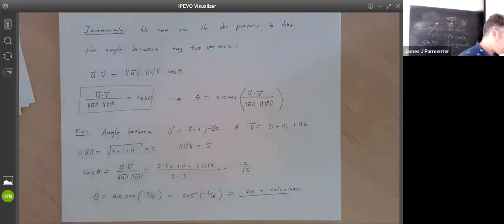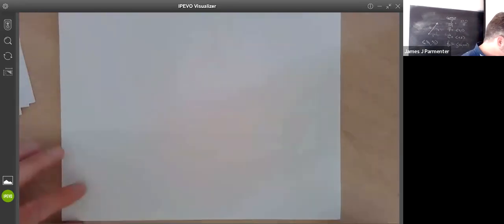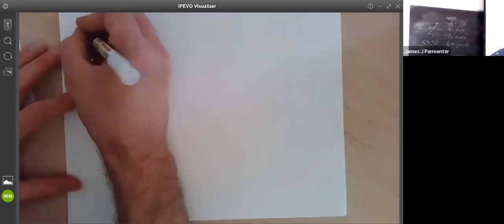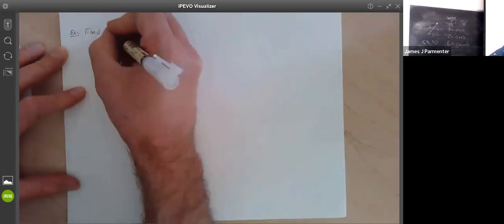Okay, let's do one more. We'll talk about projections next time. So this one I think is kind of interesting. This question does or could come up in chemistry. It's kind of neat.